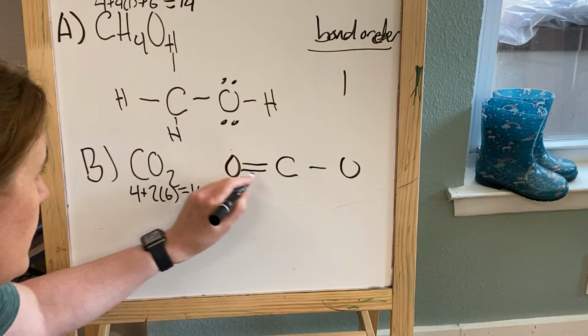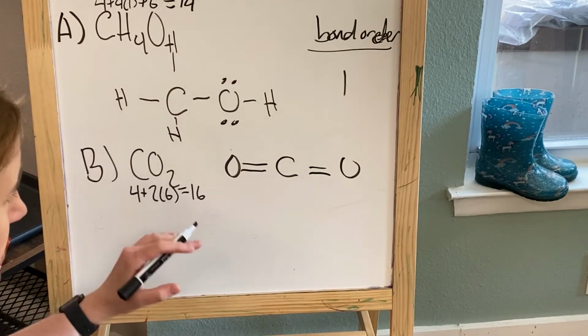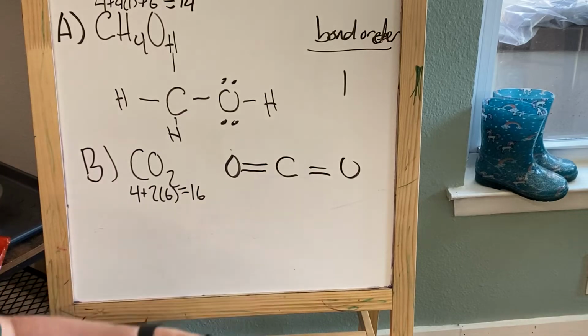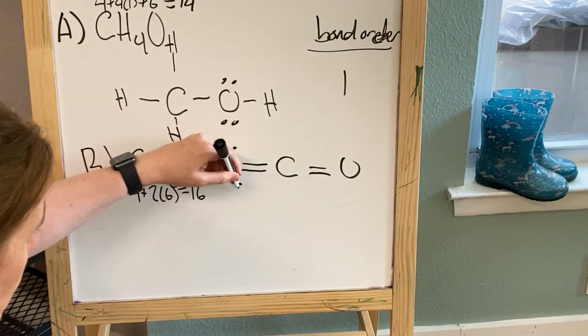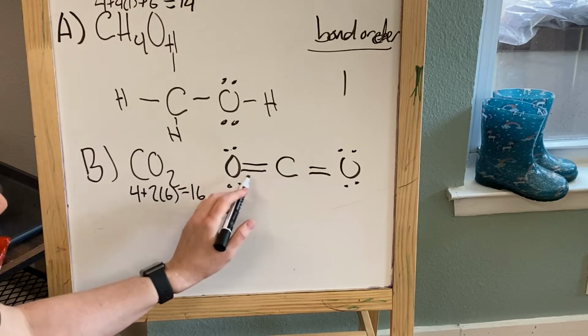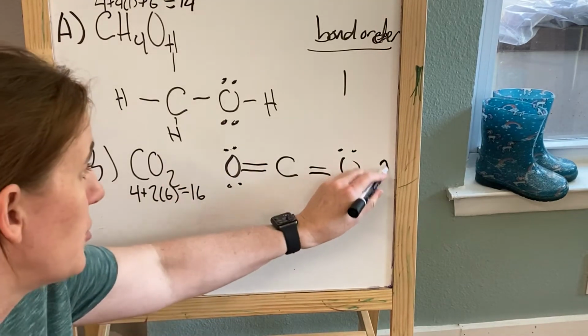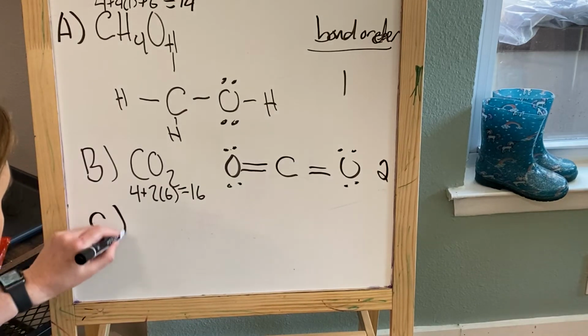So if we add 2 bonds here, and you can go through and do it the longer way, which we discussed earlier, but you'll eventually get to the fact that carbon wants 4 bonds, oxygen wants 2 bonds, and then fill in the octets. So we need 1, 2, 3, 4, and 1, 2, 3, 4. So here we're talking about a CO bond order of 2 because the carbon and oxygen have 2 bonds between them.